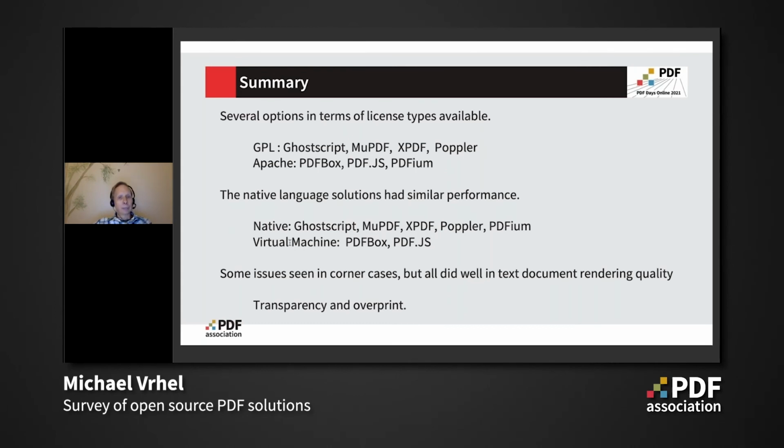On the virtual machines, the code bases PDFBox and PDF.js obviously used more memory and are slower, but they have their places. PDF.js, especially if you're adding PDF capability into your web application, is a great solution.